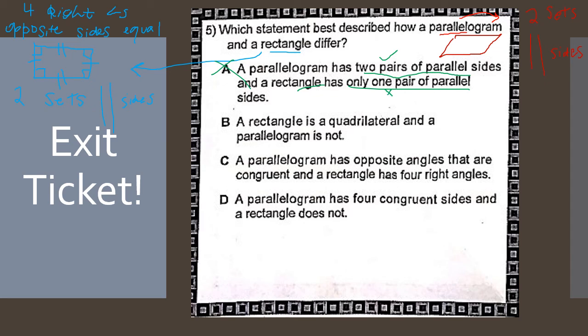See how I'm breaking down each step? B, a rectangle is a quadrilateral 4-sided shape, and a parallelogram is not. When I'm looking at my pictures, I see 4 sides in both, so I'm going to cross that out because this part's not true. C, a parallelogram has opposite angles that are congruent, and a rectangle has 4 right angles.